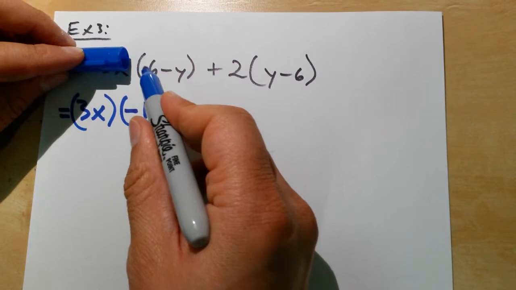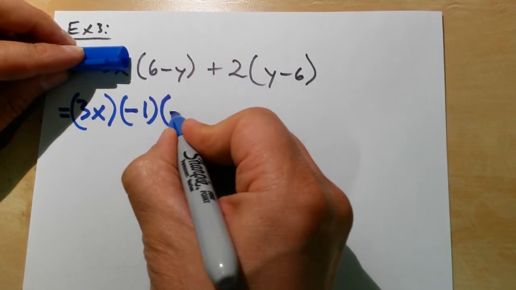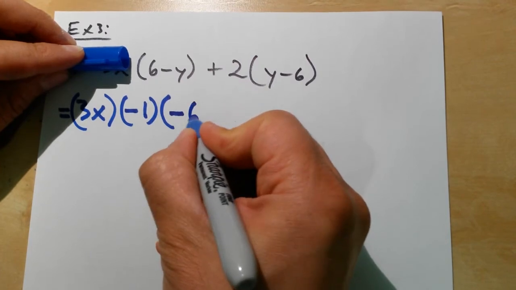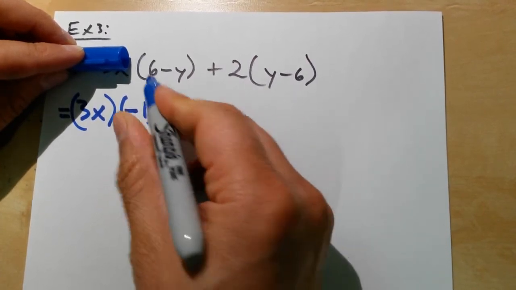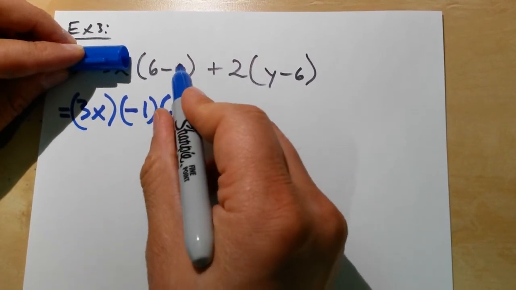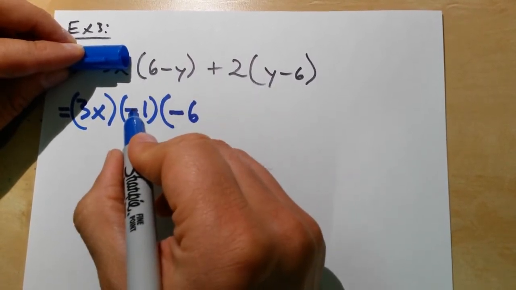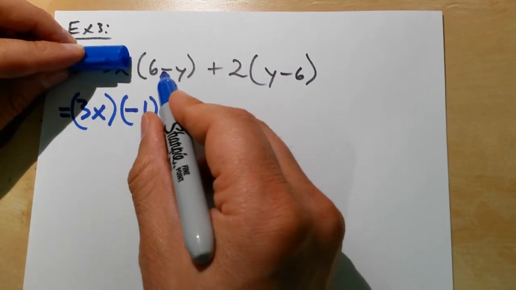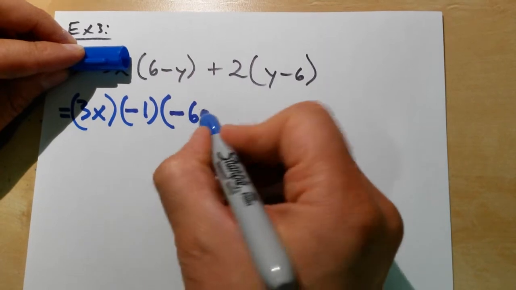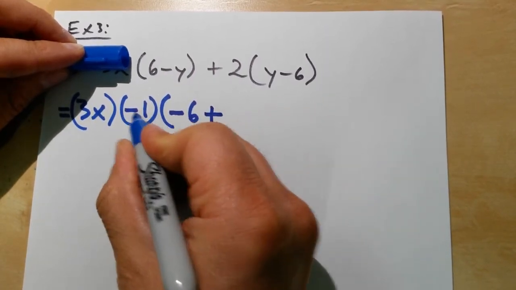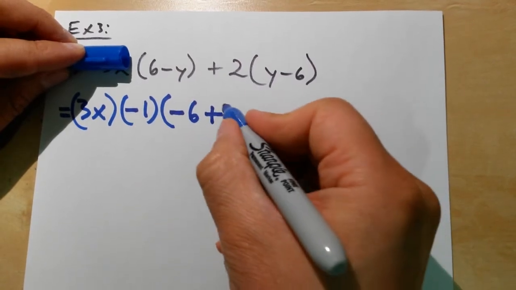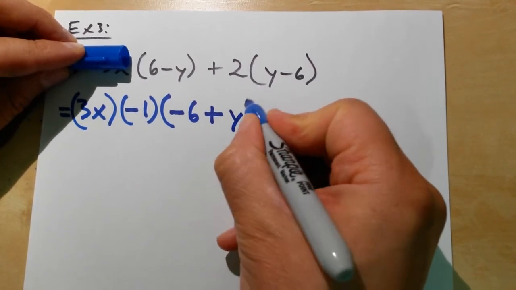Well, the result's going to be positive, so this better be negative here. Negative 1 times what in order to get 6? Negative 6, so negative times negative gives us positive. Then similar here. What number do we need to multiply negative 1 by in order to get negative y? Well, if the result is going to be negative, this better be positive. Negative times positive, negative. 1 times y, so y.